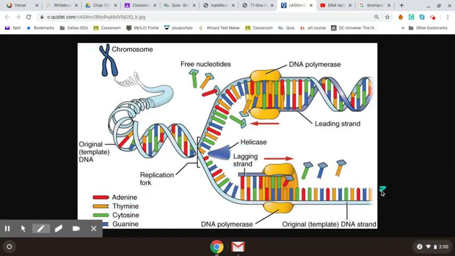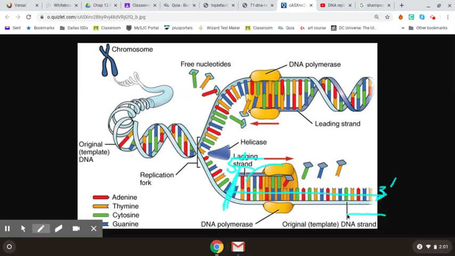Once a little piece opens up, so here's the 3' end. Once a tiny piece opens up, you can start at this 5' carbon, which is on this side, and you can read until the end. And that's what this is. We call it the lagging strand because this side has to occur in pieces, right?